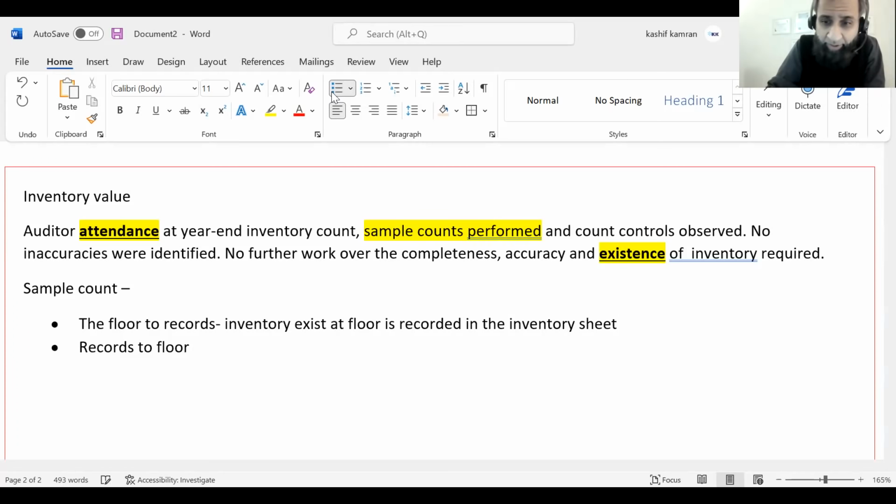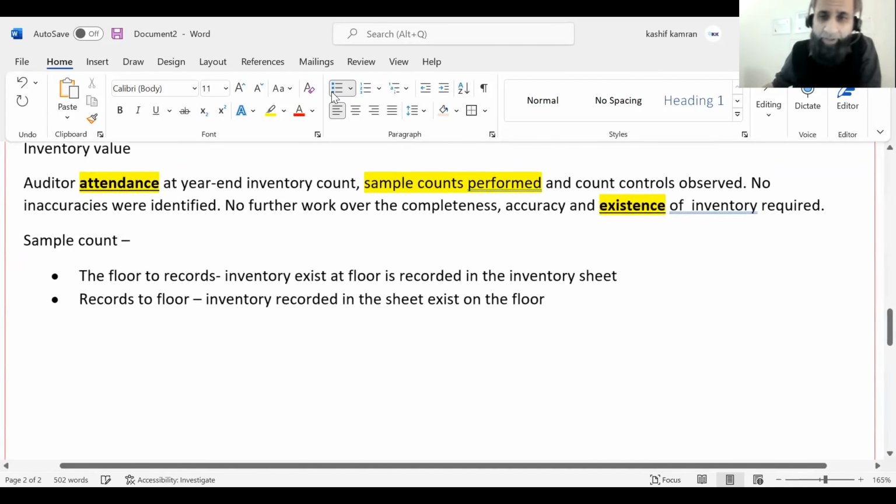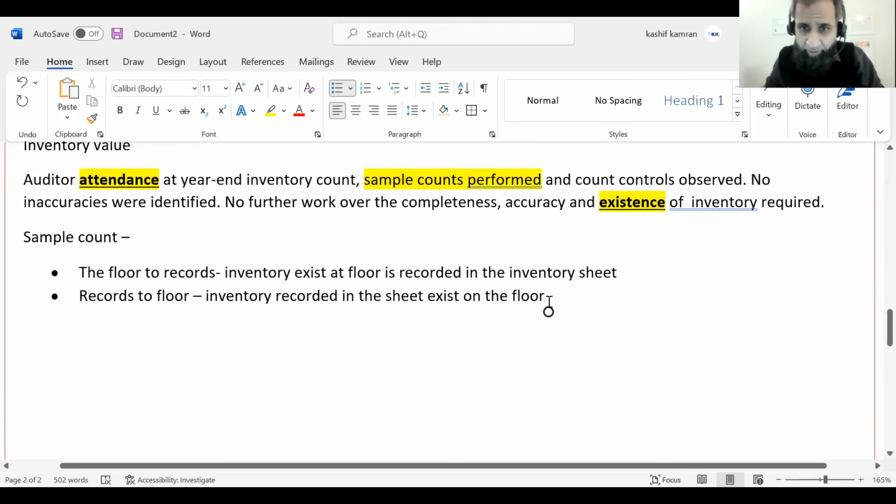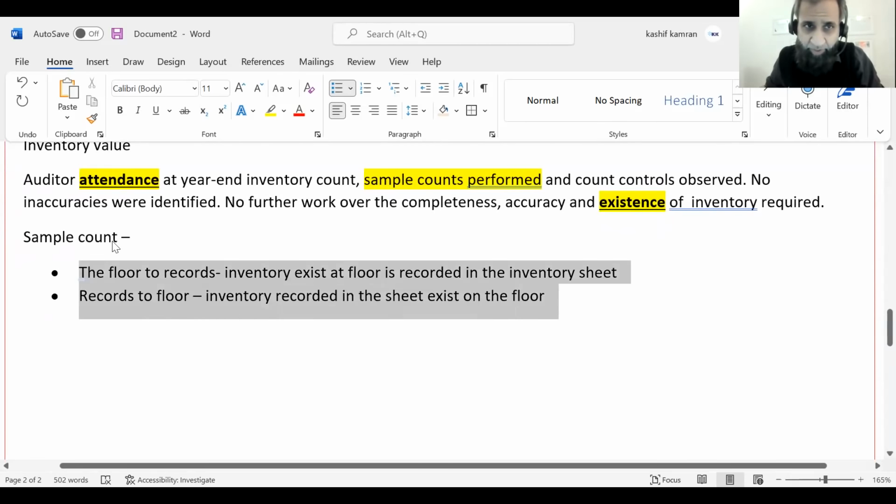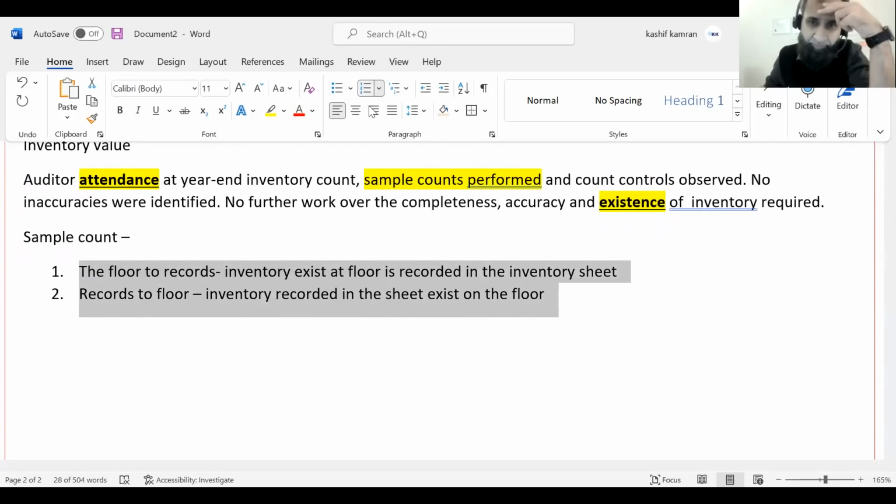And number two is record to floor: inventory recorded in the sheet exists on the floor. Tell me, which statement confirms existence and which statement confirms completeness?